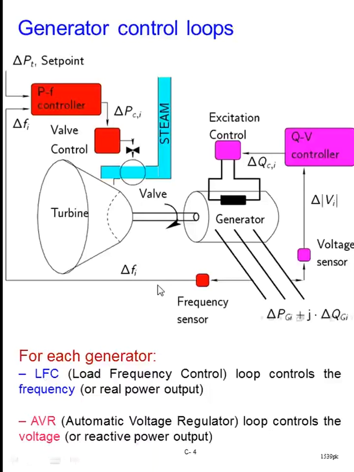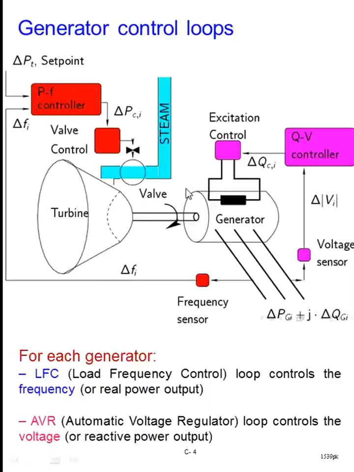So it is basically the frequency control loop here, which is meant to control the real power output. So in fact, as shown, you can see here that this loop and this loop can be independently operated.